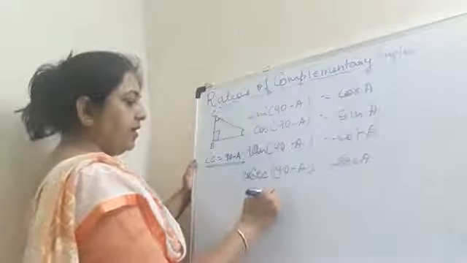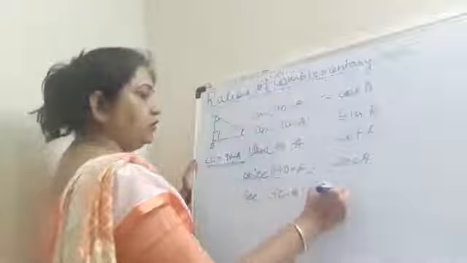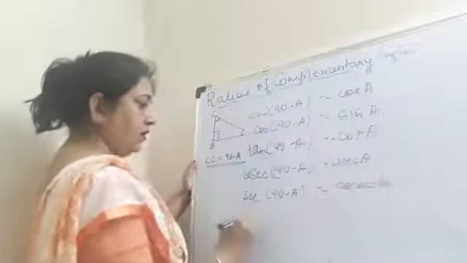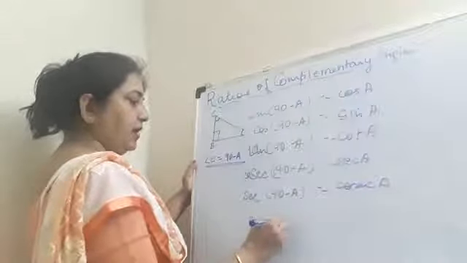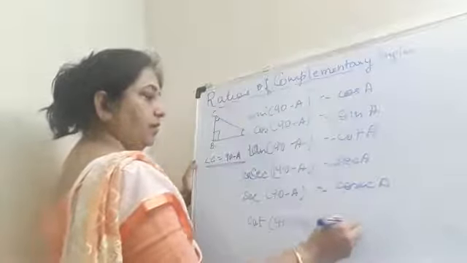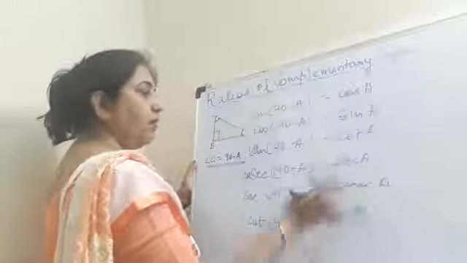Sec 90 minus A is equal to cosec A and cot 90 minus A is equal to tan A. Right? Now what is A?